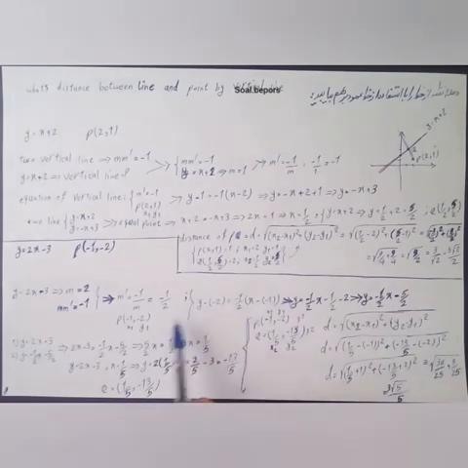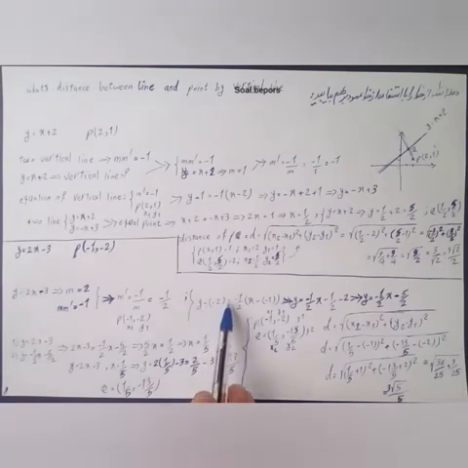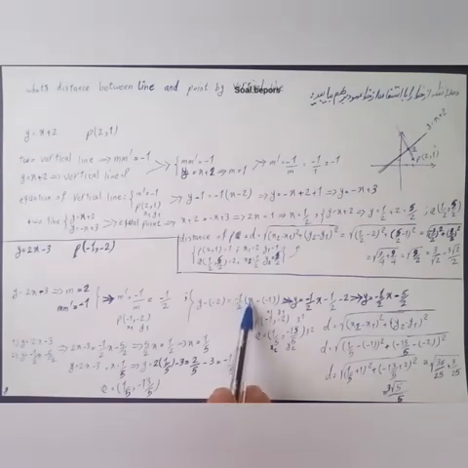by putting P as x1, y1 in the equation. We have y minus y1 equals slope multiplied by x minus x1.